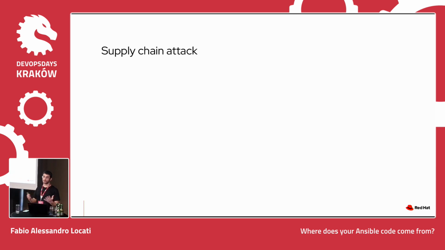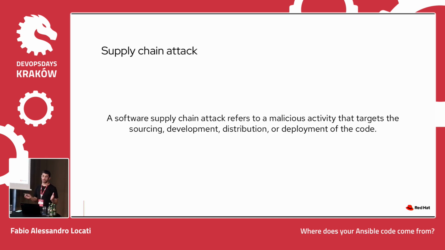So let's start from supply chain attacks. What are they? They are defined as malicious activities, obviously, because they are attacks, that target the sourcing, development, distribution, and deployment of code.